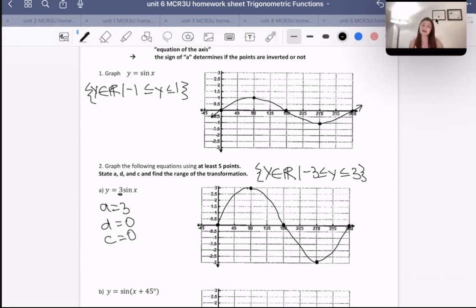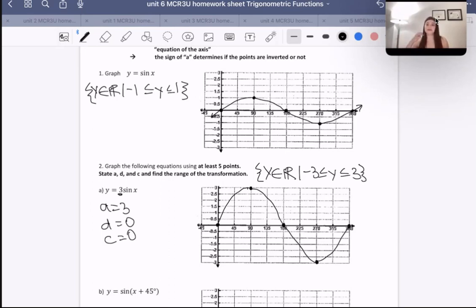Now, it doesn't ask for domain because the domain of all sine and cosine functions, assuming they haven't been altered, just regular old sine and cosine functions, is always everything. Domain is always every single thing for all of these. Your teacher could ask for the domain, but that would be kind of futile because it's always the same anyway. Whereas the range changes with the amplitude and also with the midline.